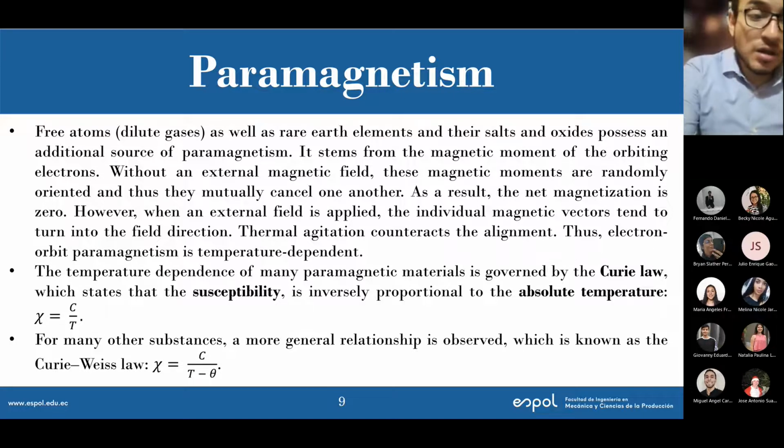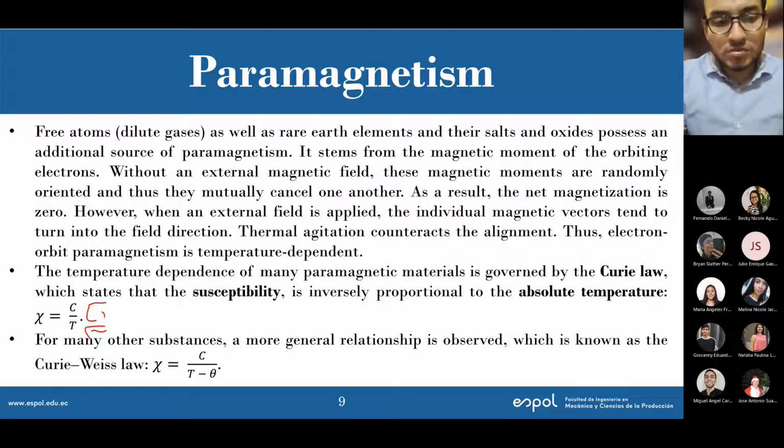So C is the Curie constant and T is the absolute temperature, okay? So susceptibility equals Curie constant divided by temperature. Now, that is just for rare earth elements, their salts and oxides, right?